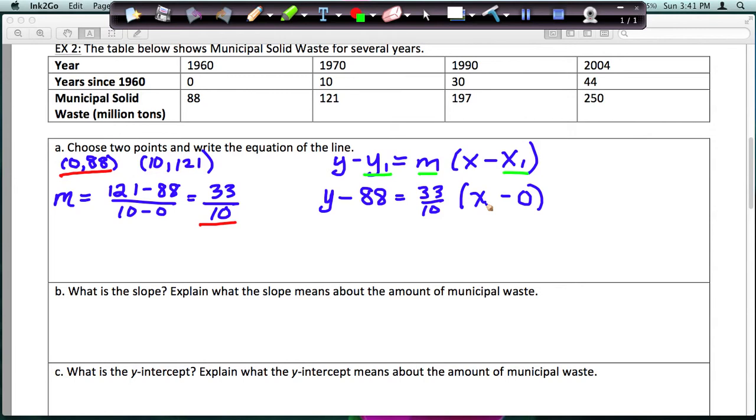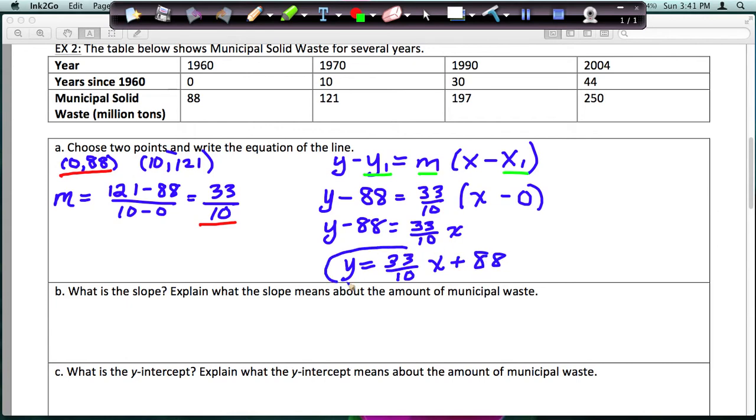So let's go ahead and simplify that to y minus 88 equals 33 tenths x. And then the last thing is just to get y by itself, so I'm going to add 88 over to the other side of the equal sign, and I get y equals 33 tenths x plus 88. And that's our equation of the line.